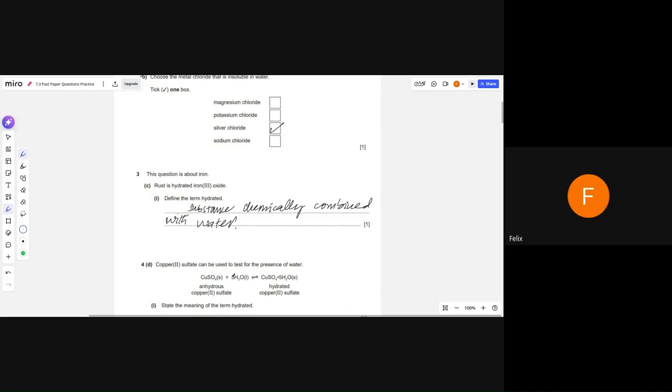It is not chemically combined with these 5 moles of water. But on the product side, you can see the dot between the water formula and the formula of the salt. This tells us that water is chemically combined here, which is called water of crystallization. And such a salt, when chemically combined with water, is called a hydrated salt.